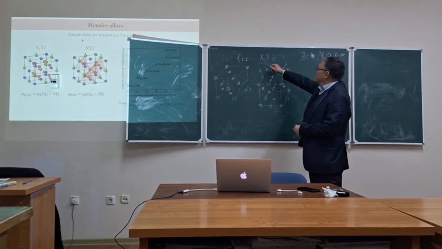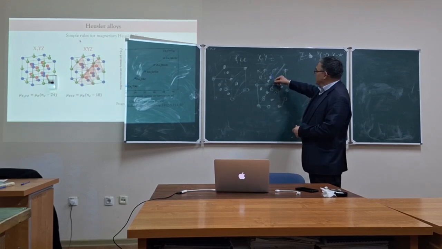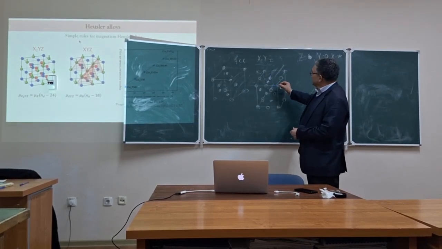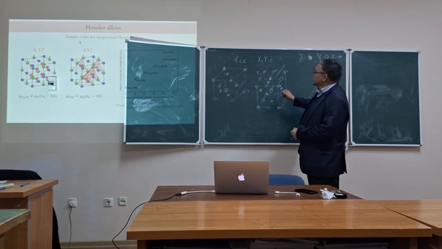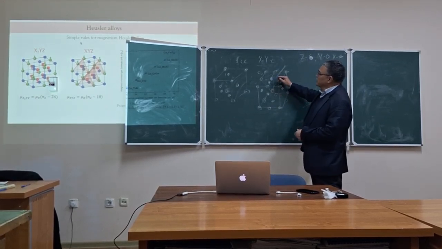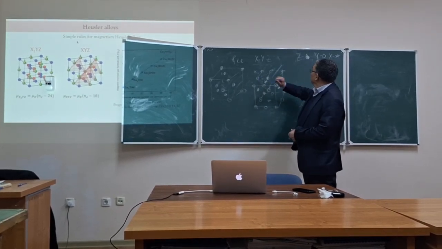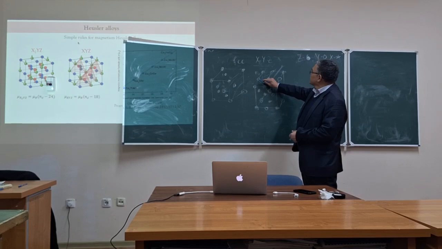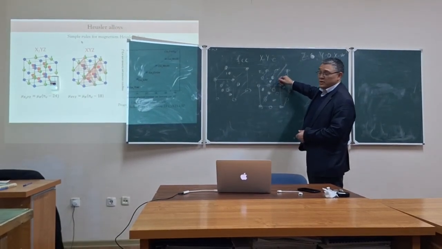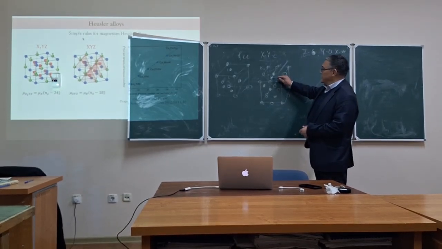Now, this X FCC structure is inserted along the diagonal, and it is located inside the tetrahedrons that are formed with atoms of Y and Z. So here we have Z atoms, they form a tetrahedron, and inside the tetrahedron is located this X atom.